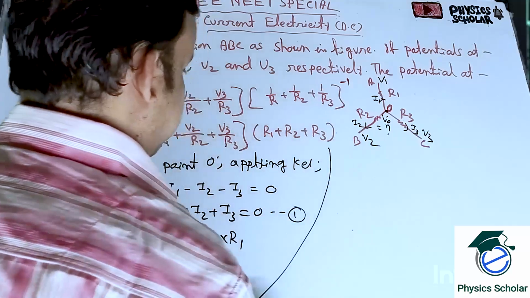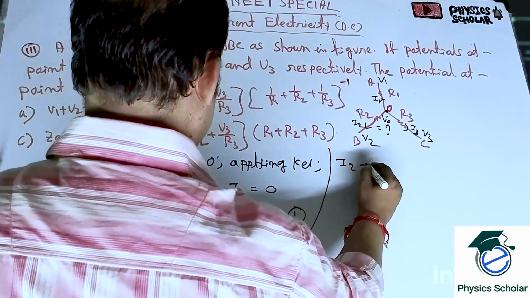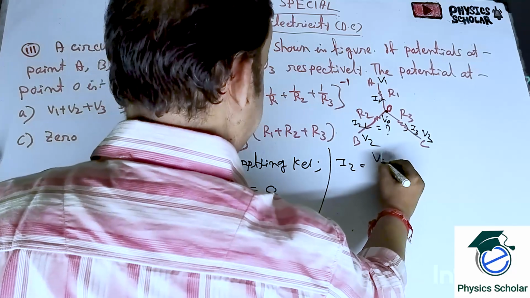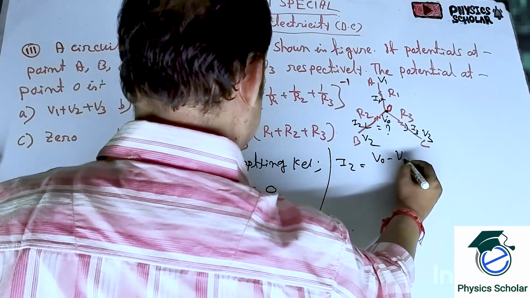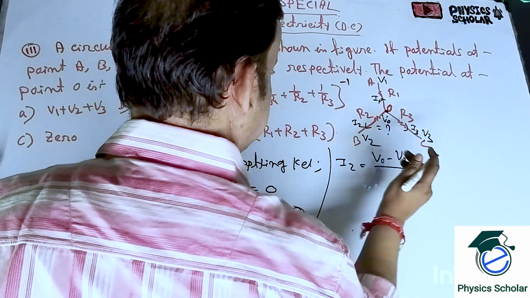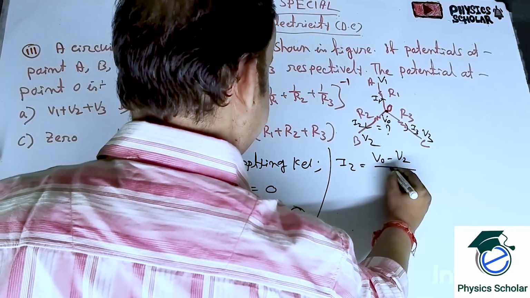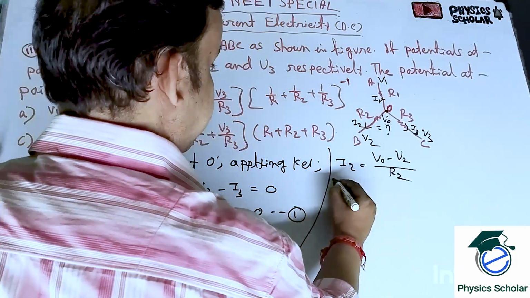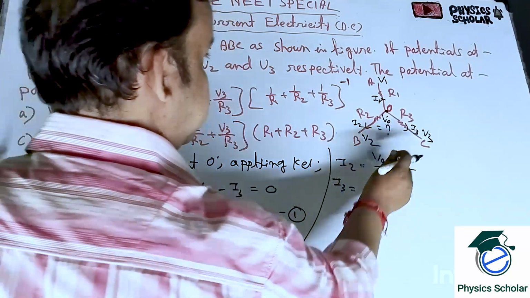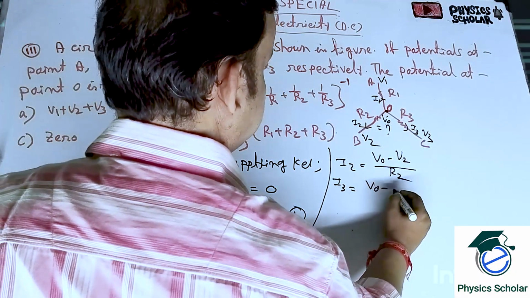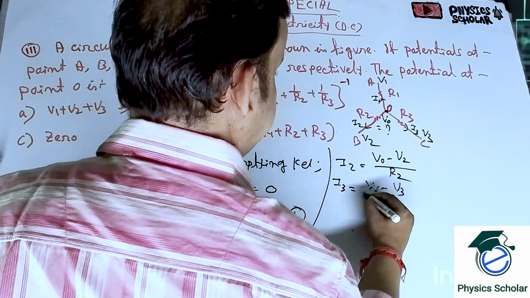Similarly, I2 means this part, so it is VO minus V2 by R2. And I3 is VO minus V3 by R3.